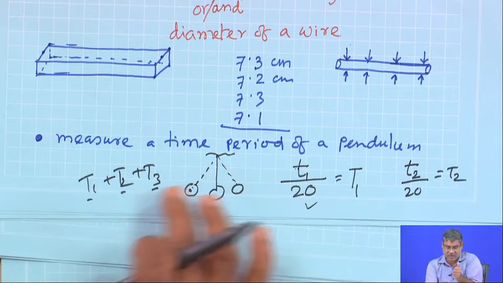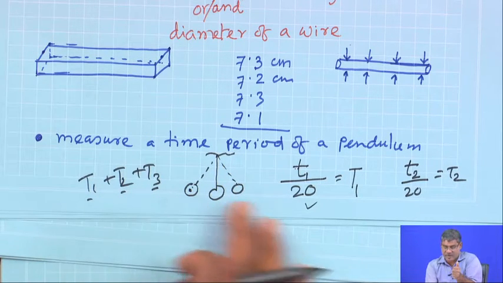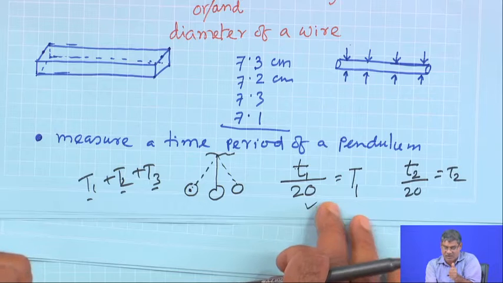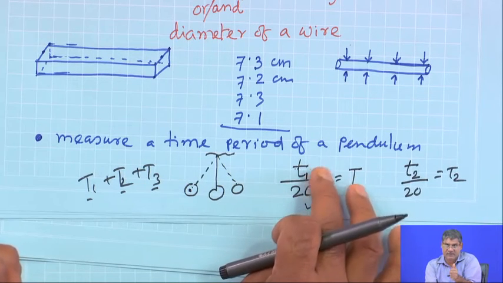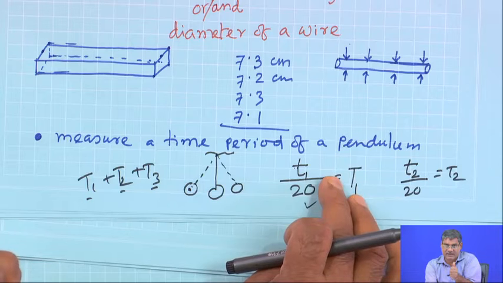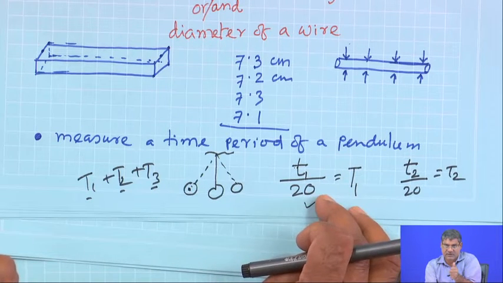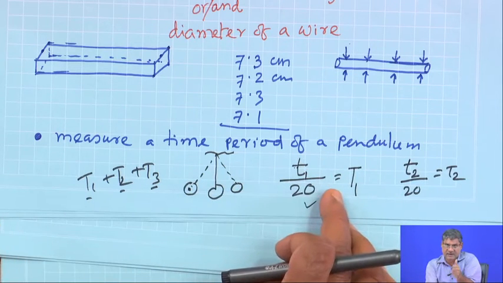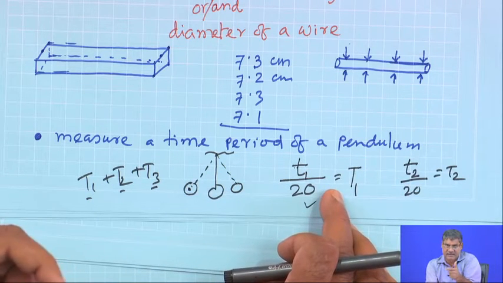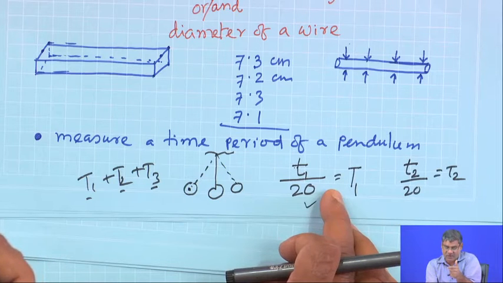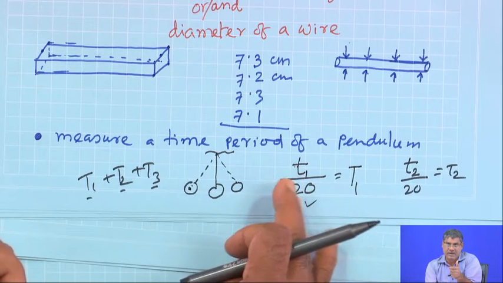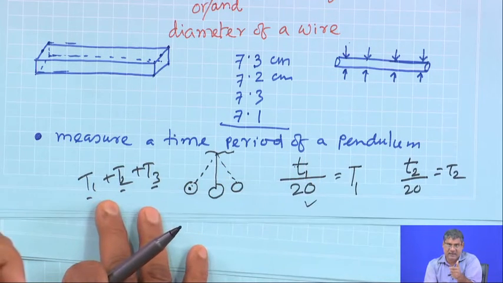If you measure this way, the error in starting and stopping the watch will come over this small T1, the time for 20 oscillations, which is more or less 20 times higher than this capital T1.